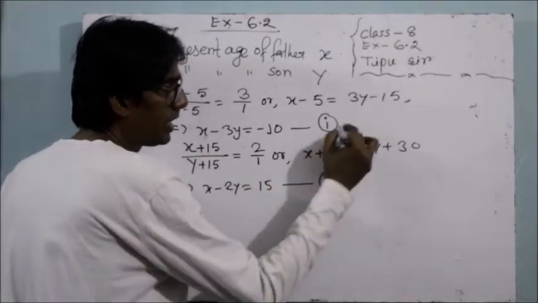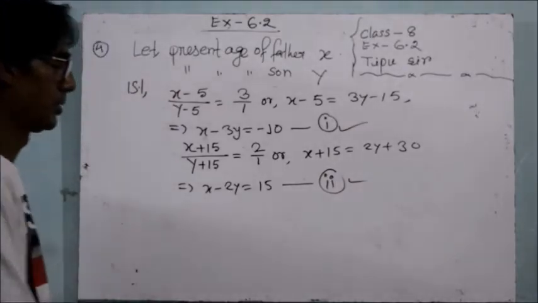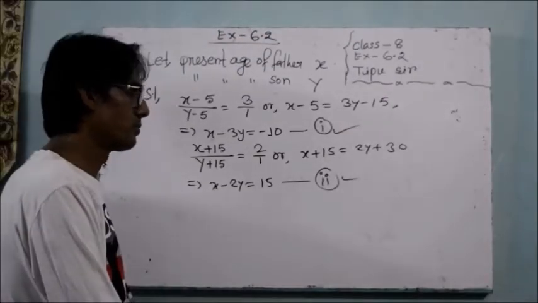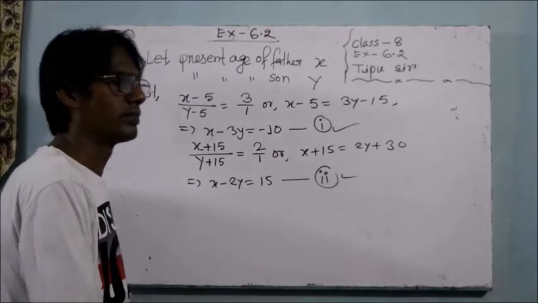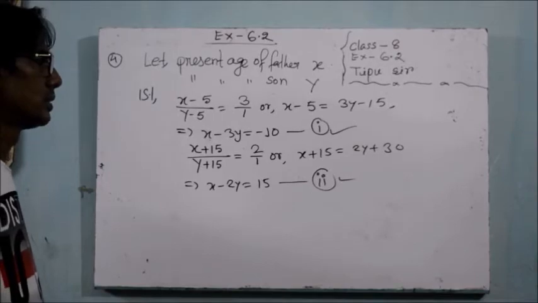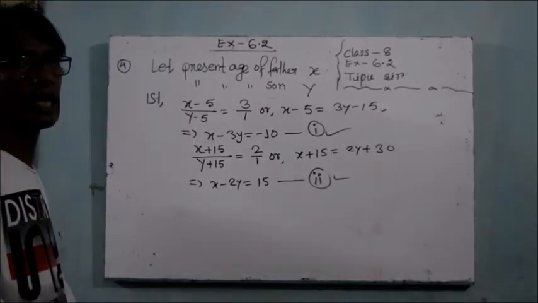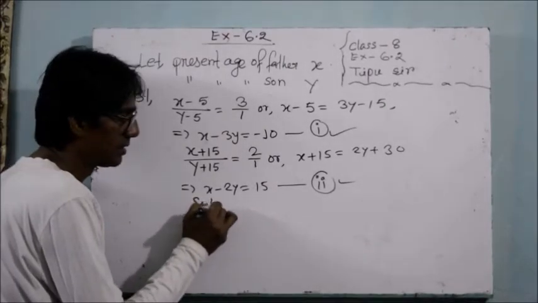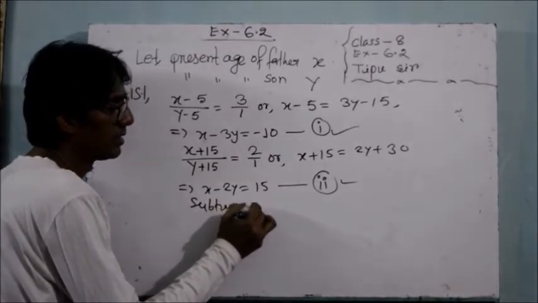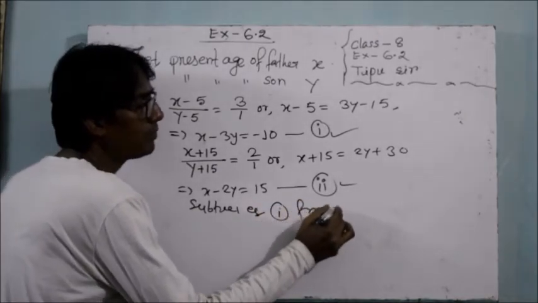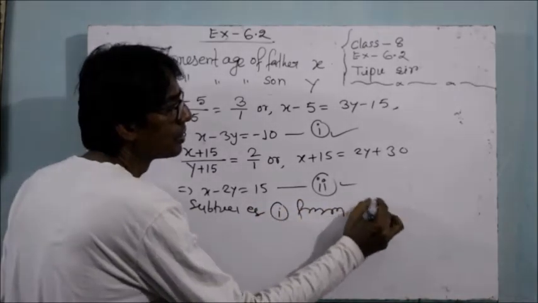Okay, so already we get the two equations. So you can apply here elimination method, substitution method, any one. So if it is mentioned that we have to find by elimination method, in that case just write like this: subtract equation 1 from 2.